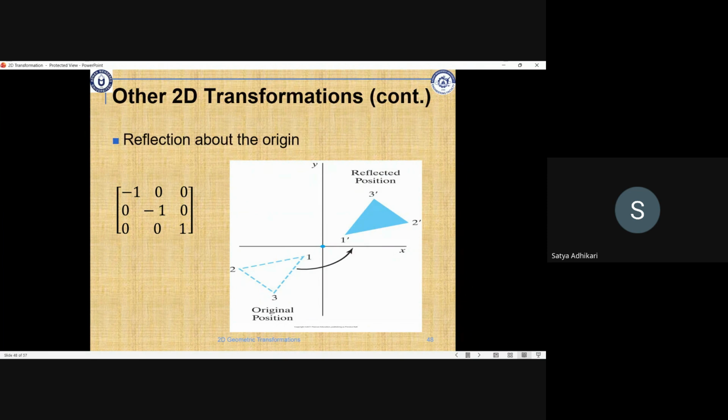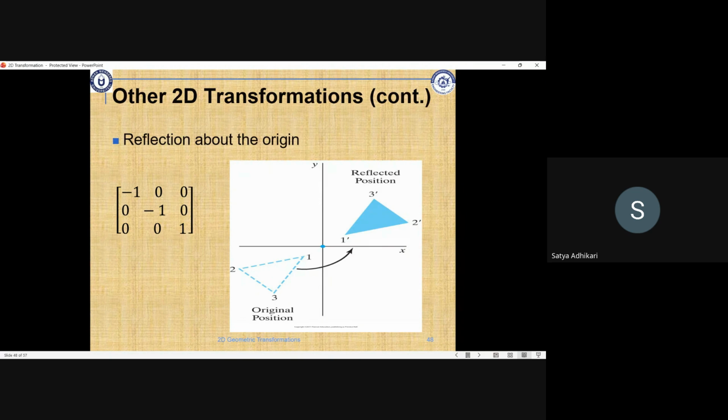The original position was in dotted line, and after reflection you get the new position. For the reflection matrix, if you combine reflection about the x-axis and y-axis: in the x-axis case, the minus 1 is in the center, and in the y-axis case, the minus 1 is the first element.